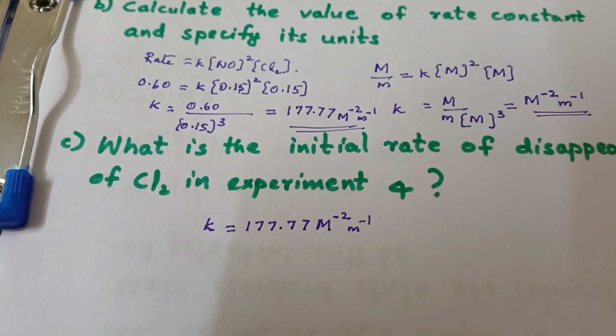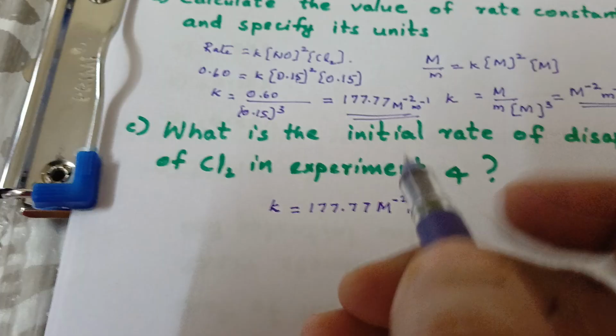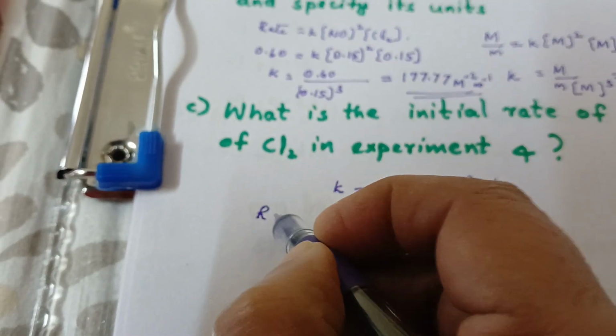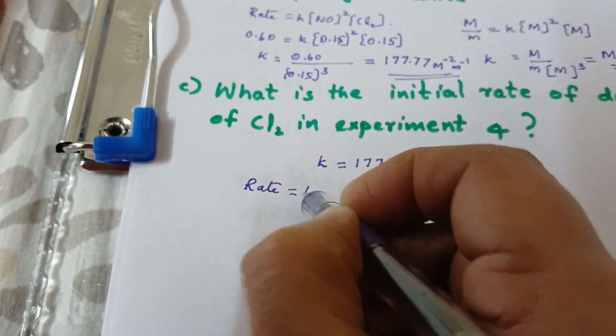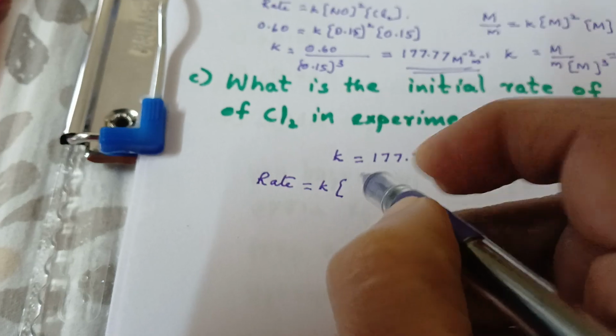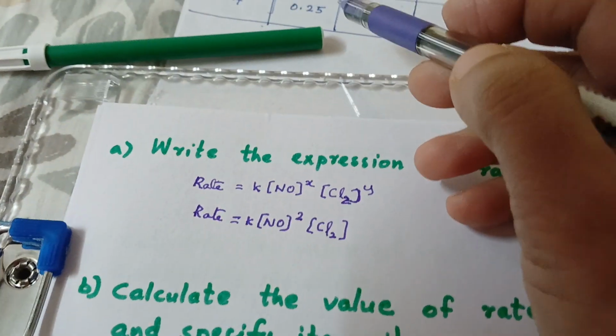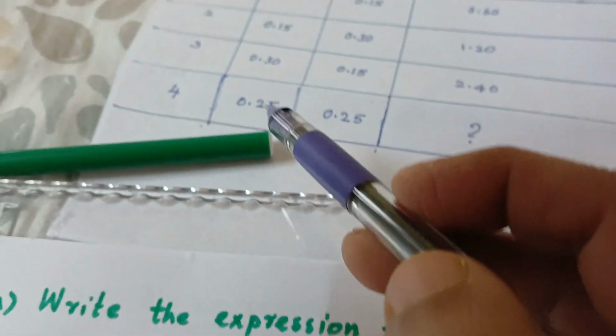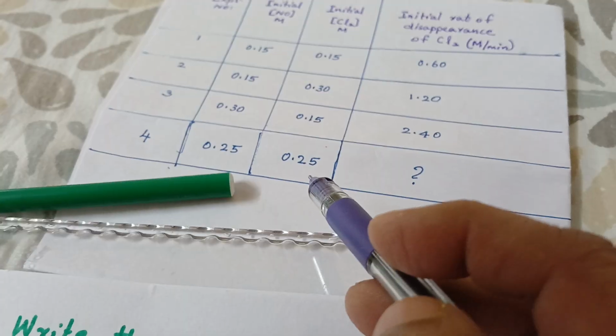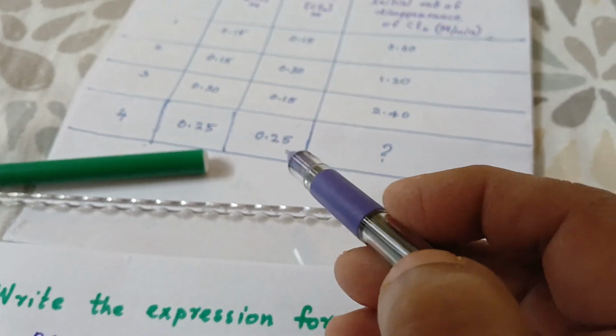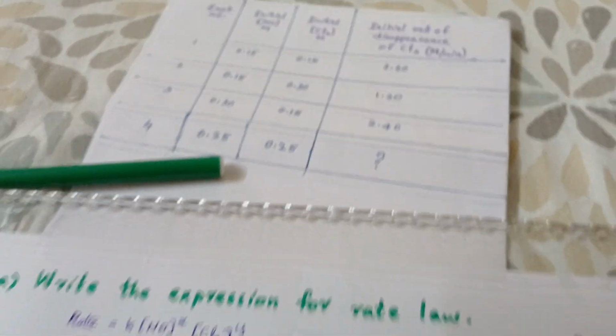Now, we can do that from the equation rate equals K into concentration of NO and Cl2, which are 0.25 each in experiment 4.